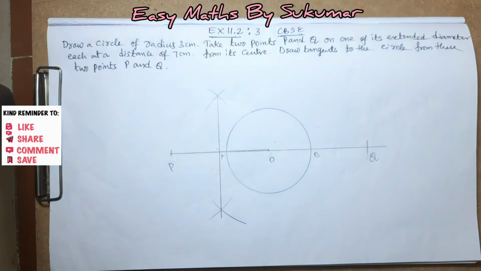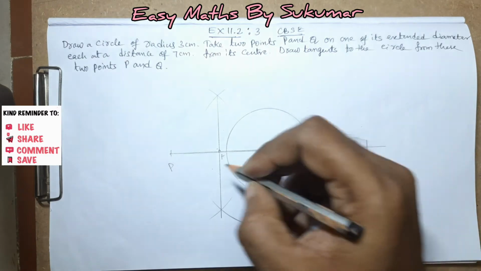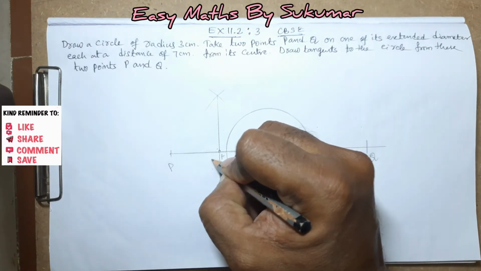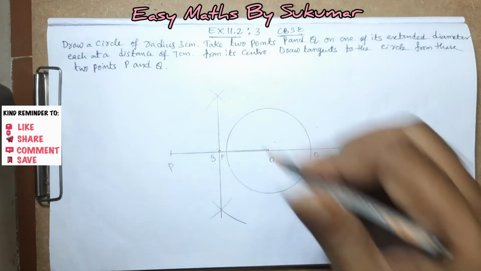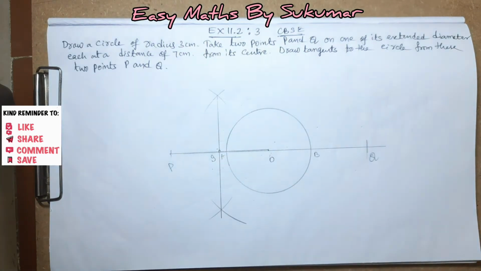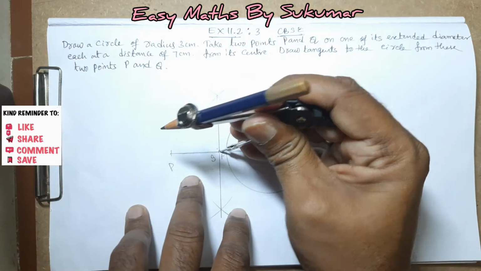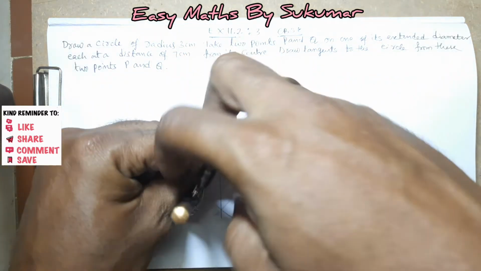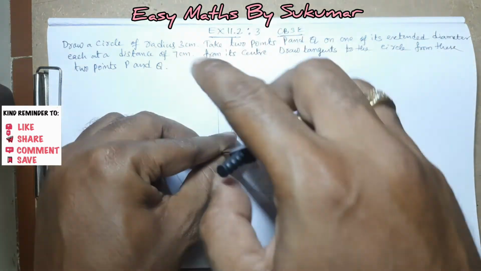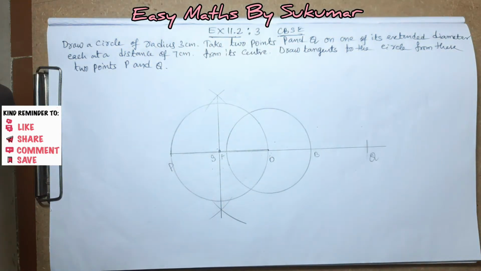This perpendicular bisector of PO intersects PO at S. Now with S as center and SP as radius, draw a circle which passes through P and O. Okay, my dear students.